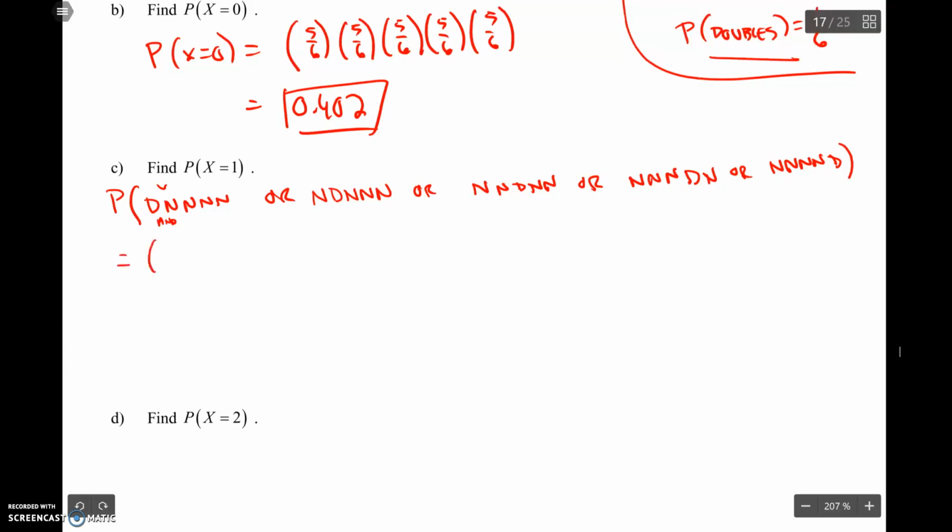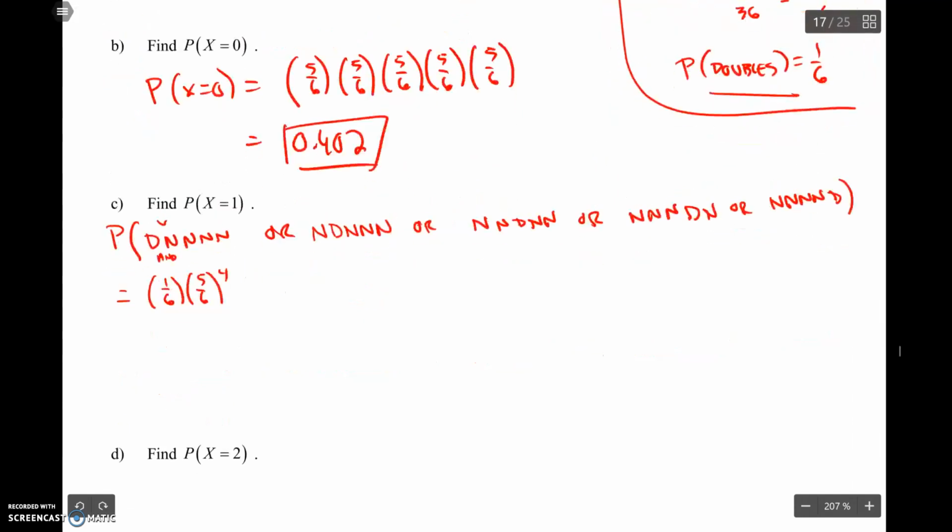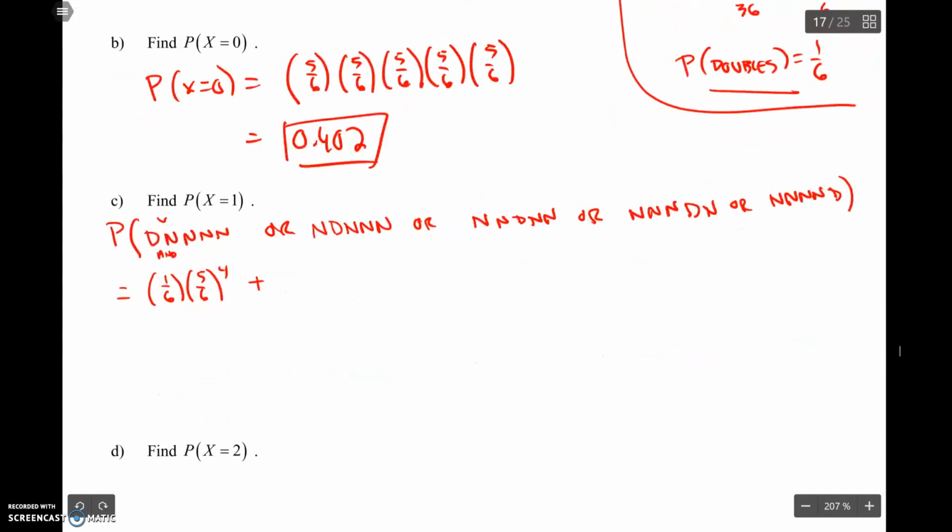This one is going to be, you get a double, which is 1/6, and then you get 4 non-doubles. And we have independence, so that's why I can use a multiplication rule like this. That's why we need independence up here. Or, plus, you could get a 5/6, 1/6, and then 3 more 5/6.